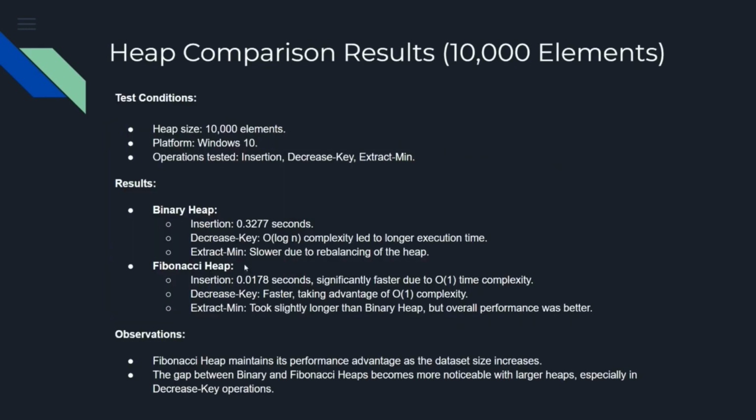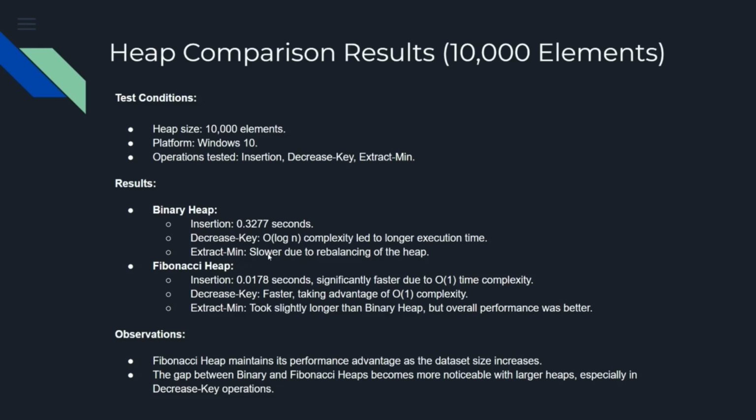Then we did the heap comparison results with 10,000 elements. Pretty much the same test conditions. The result that we got for the binary heap was 0.327 seconds, and the decrease key was O(log n), and the complexity led to a longer execution time.